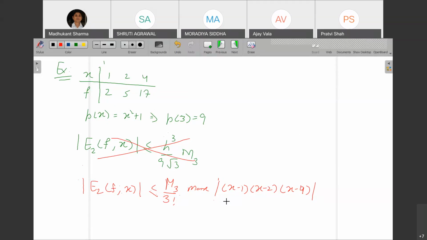Then we will try to get a simpler version of Newton's polynomial, and then we will try to estimate m2 and m3, which we have left out, the second derivatives, first derivative, and so on. So that will be in the next lecture.